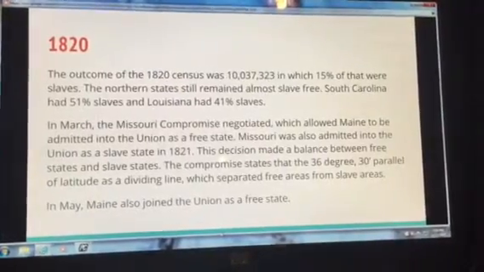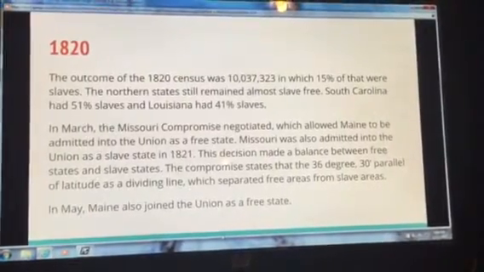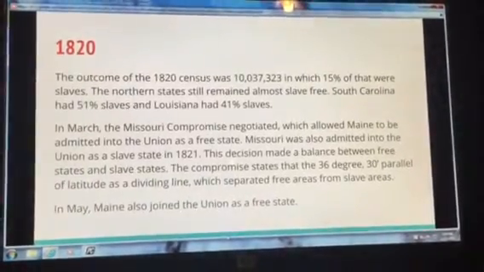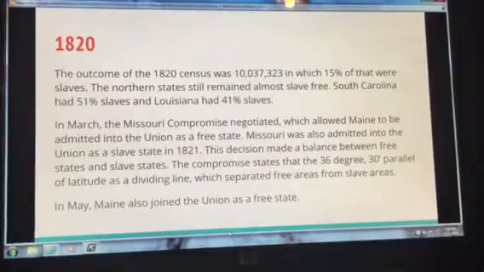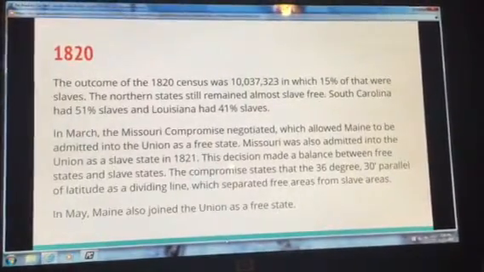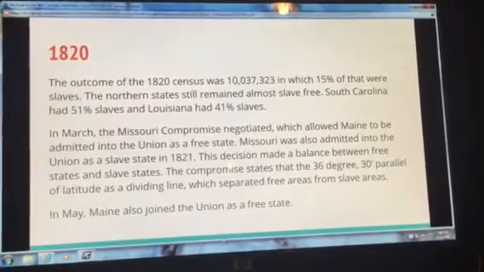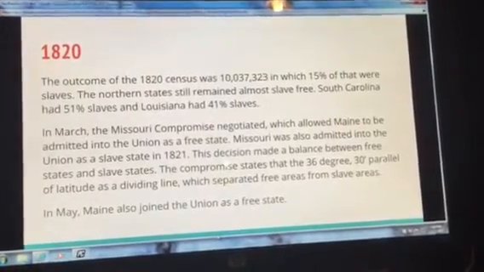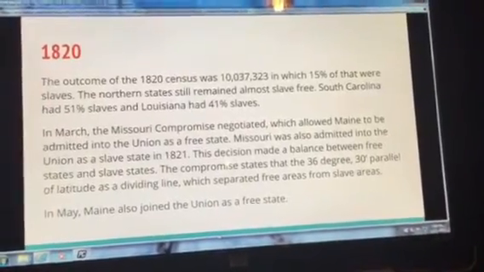In March, the Missouri Compromise was negotiated, which allowed Maine to be admitted into the Union as a free state. Missouri was also admitted into the Union as a slave state in 1821. This decision made a balance between free states and slave states.